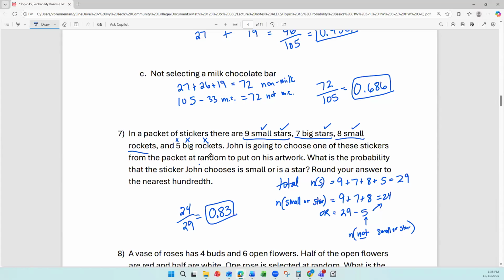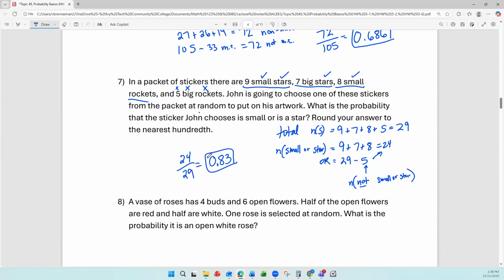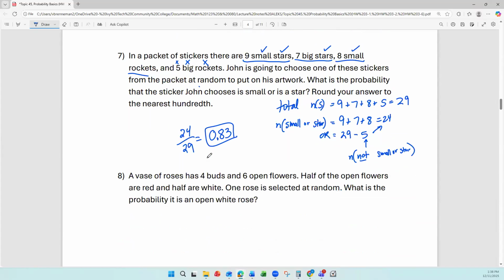Then number 8, a vase of roses has 4 buds and 6 open flowers. So that means there are 10 altogether in the vase. Half the open flowers are red and half are white. So we have the 4 buds, the 6 open, half of the open.